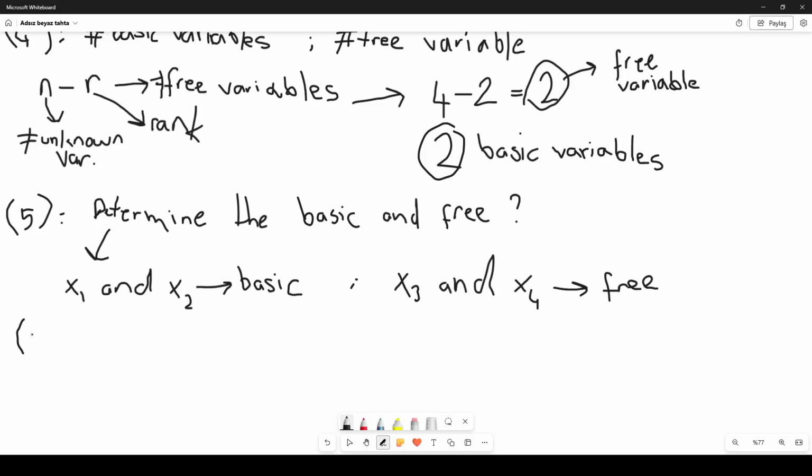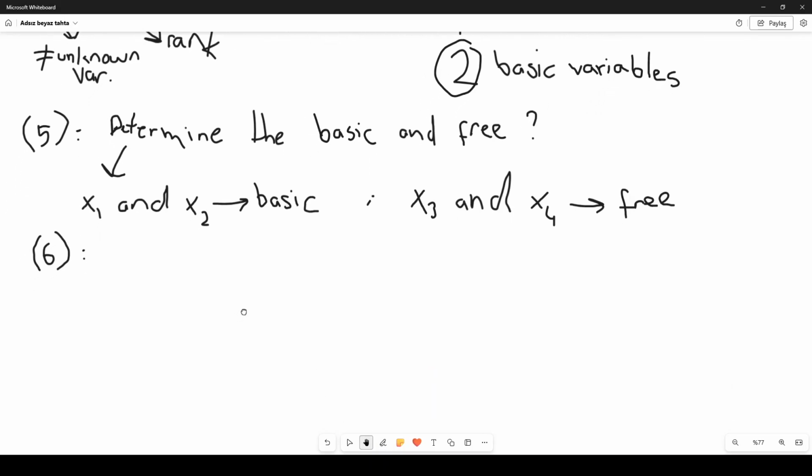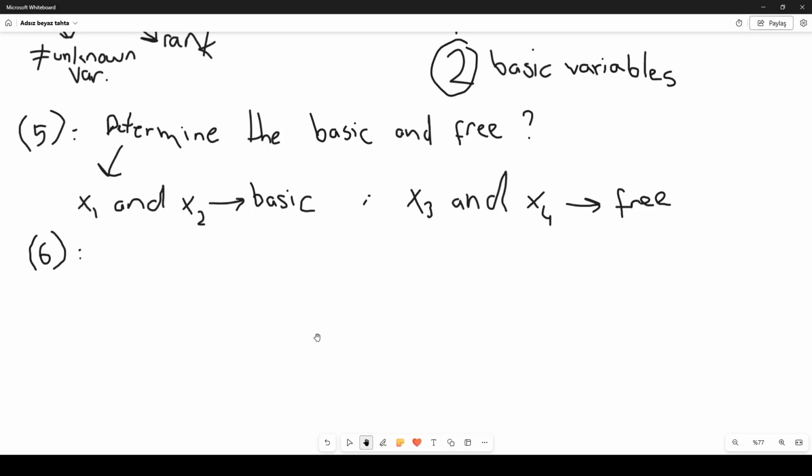Alright guys, in the sixth step, let's continue with our algorithm. In this step, what do we need to find? As I mentioned earlier, we need to form the structure of the general solution. Now we have free variables, and as the name suggests, they can range over all possible values, and we have the basic variables.